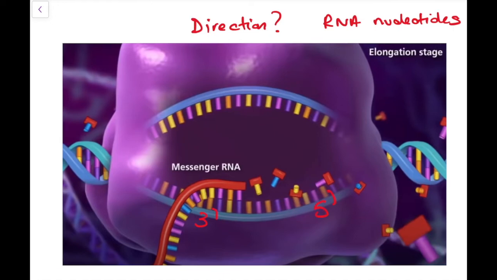So if this bottom strand of the DNA is running 3' to 5', then the top strand will be running 5', and the end here where we're going to add the new nucleotides is going to be the 3' end, just like in DNA replication. So we add in new RNA nucleotides at the 3' end.